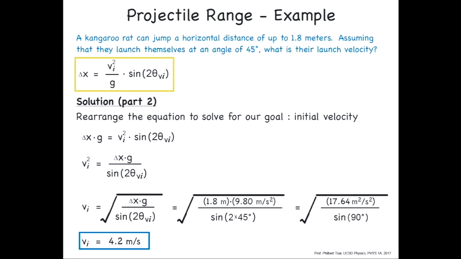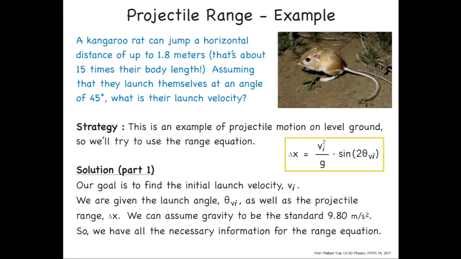Vi squared delta x g. Oh. Why is it not minus g? Because the original equation, this is the range equation, I didn't plug in for a. If this had been an equation that said a, then you would have to be careful about what direction g goes. But go back to the last lecture, and we derived this, and when we derived it, we plugged in a minus g, and it canceled another minus sign, and we ended up with a positive.